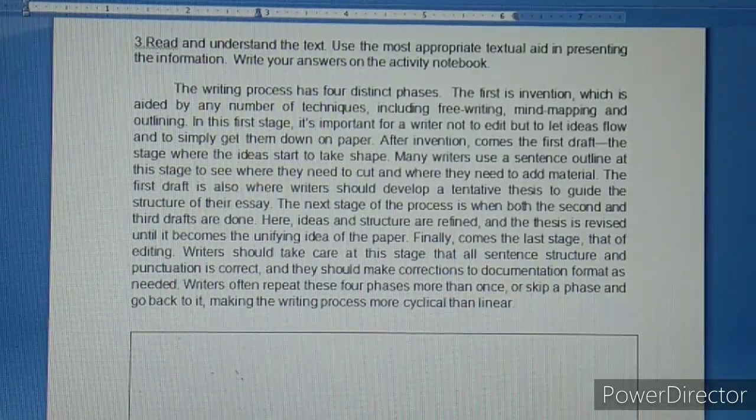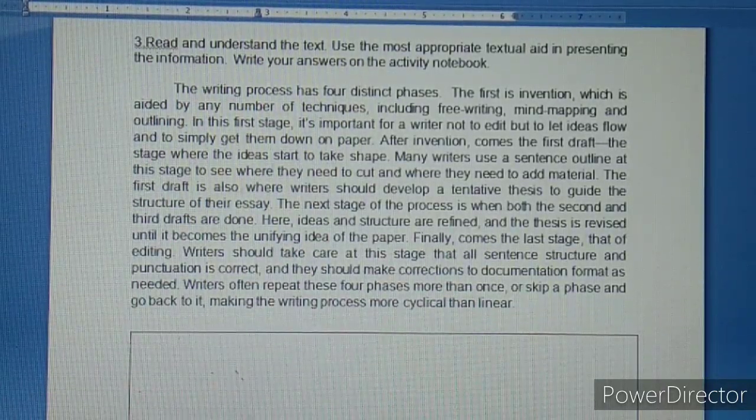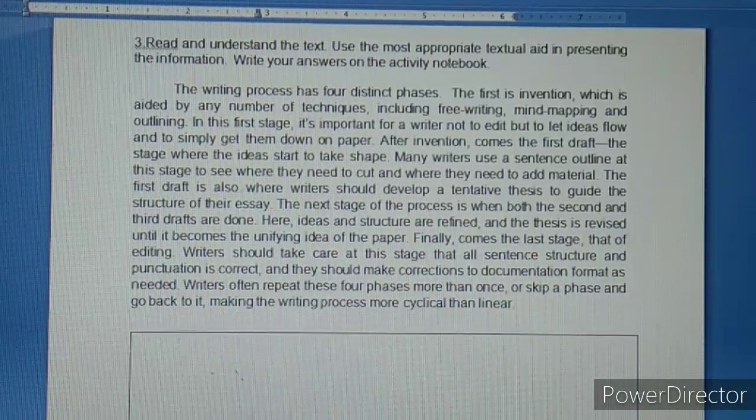Again, let's go back. The first stage is inventing or invention. Under invention, we have free writing, mind mapping, and outlining. Second stage is drafting. Third stage is refining. And the last stage is editing.